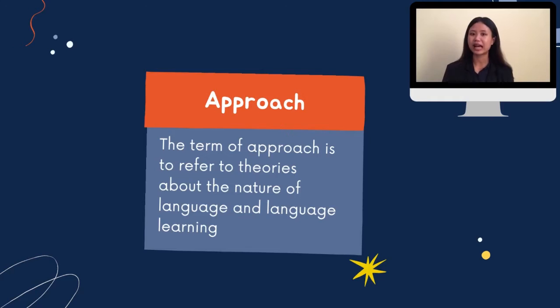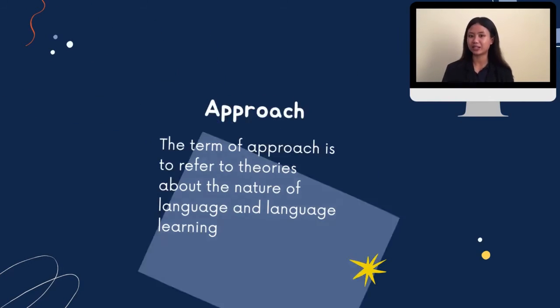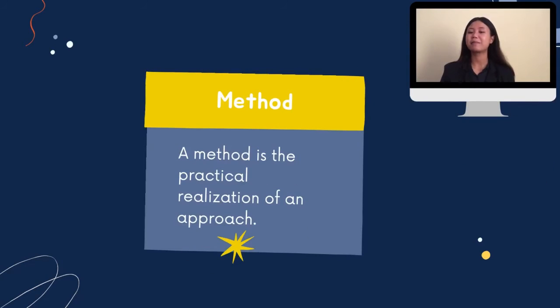An approach describes how language is used and how its constituent parts interlock and offer models of language competence. An approach describes how people acquire their knowledge of the language and makes statements about the conditions which will promote successful language learning.